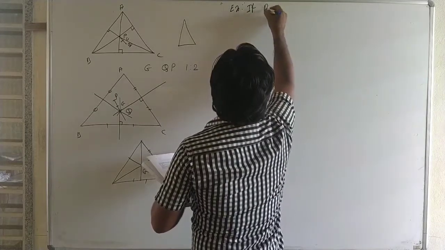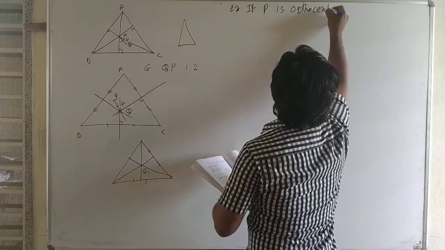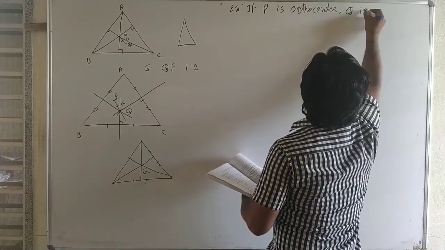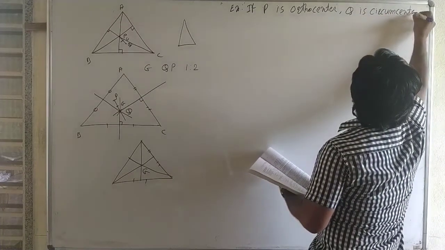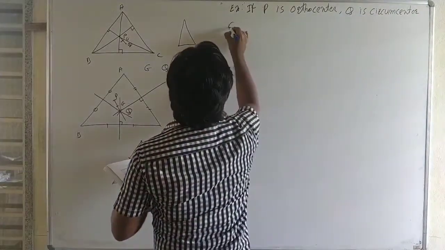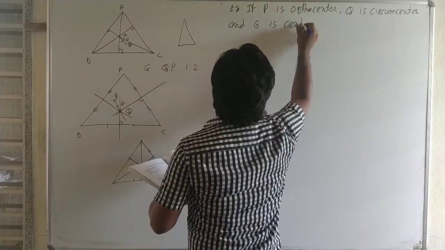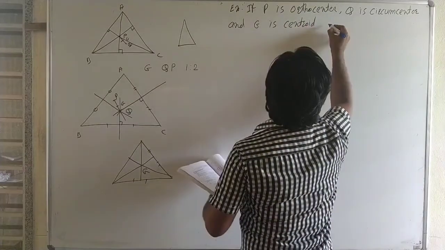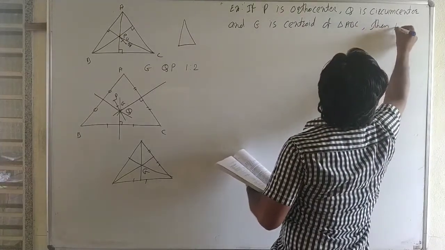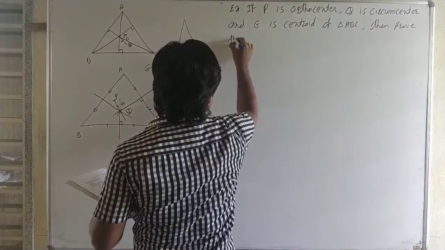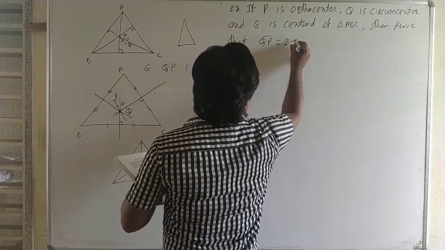Next, if P is the orthocenter, Q is the circumcenter, and G is the centroid of triangle ABC, then prove that vector QP is equal to 3 into vector QG.